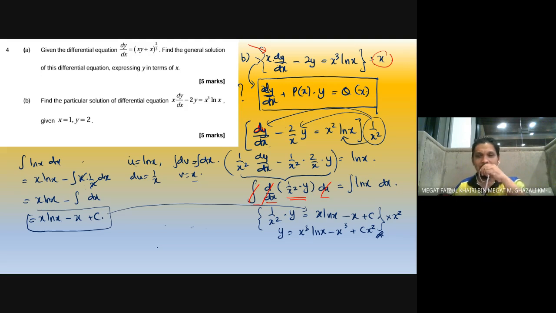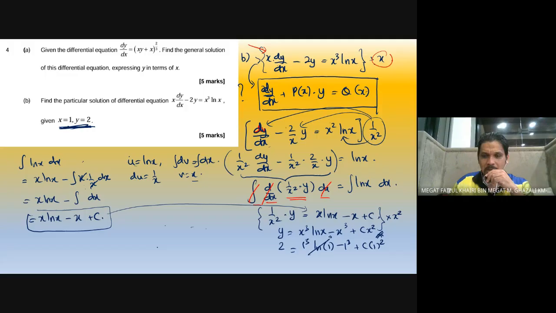Okay, and I forgot something. They gave us the values of x and y. So y equals 2, and then 1 cubed natural log of 1 minus 1 cubed plus c times 1 squared.